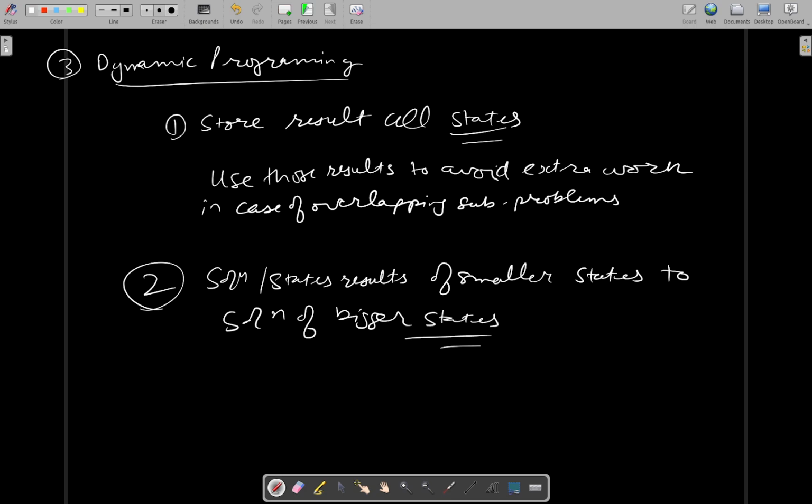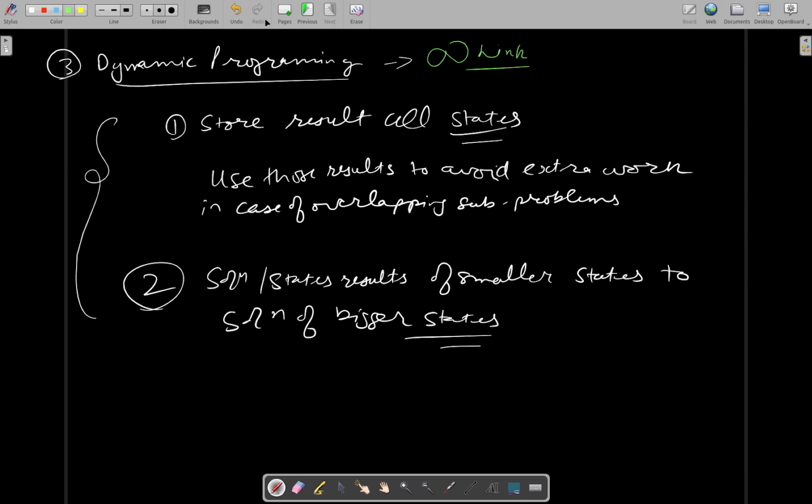So this is in a nutshell what dynamic programming is. I'll also be providing a link for this technique, and there will be an article explaining what dynamic programming is.